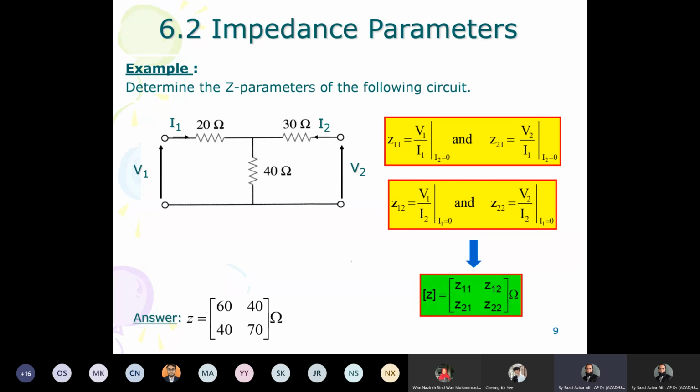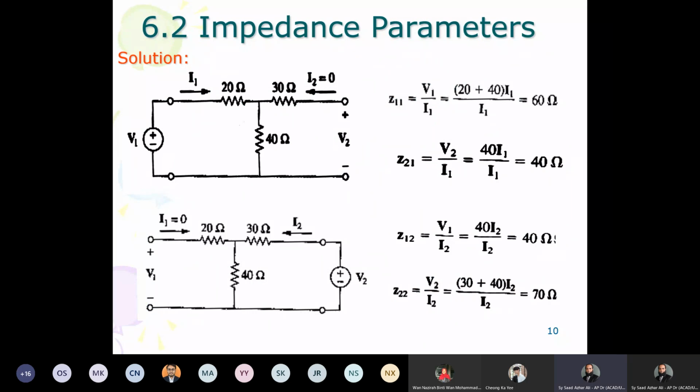Okay. Let's go in detail if someone wants to do it in completeness. Please move forward. So this is the same example, done properly. You can see that this part is Z11, V1 upon I1 with I2 equal to 0. Can we find V1 from the circuit?